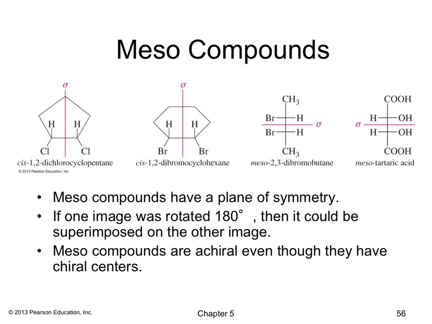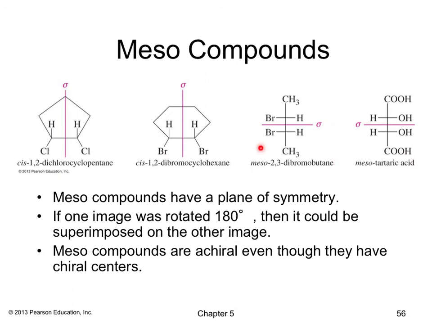Meso compounds have a plane of symmetry, and we've discussed this. Here's cis-1,2-dichlorocyclopentane. Here's that plane of symmetry. This is cis-dibromocyclohexane. This also has a plane of symmetry. But also within non-cyclic structures, you can have a plane of symmetry.